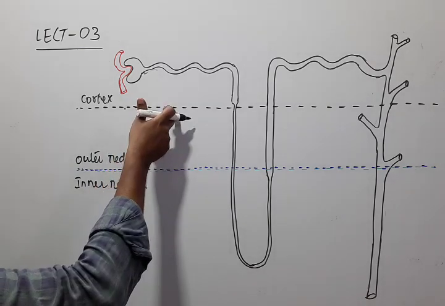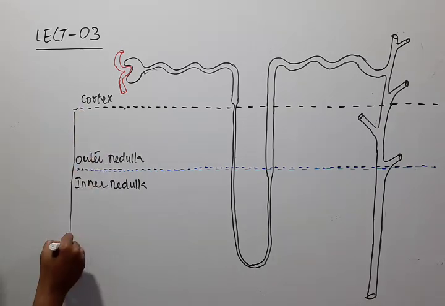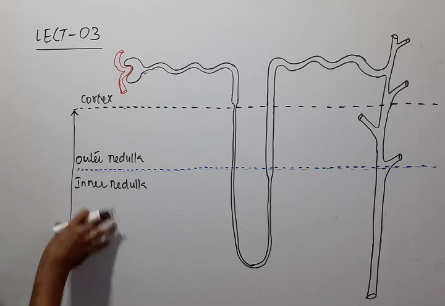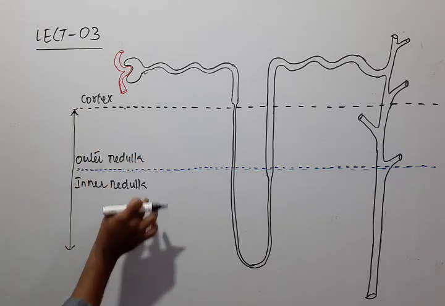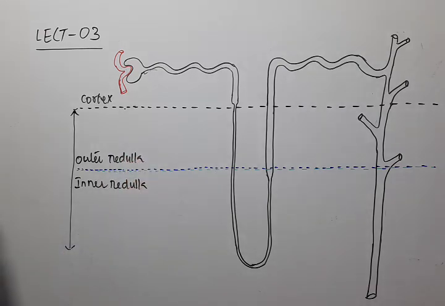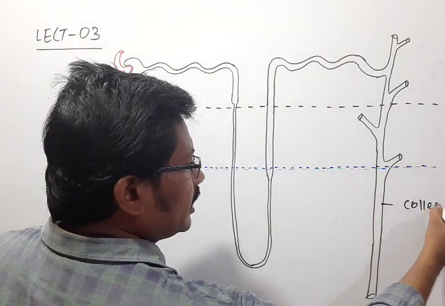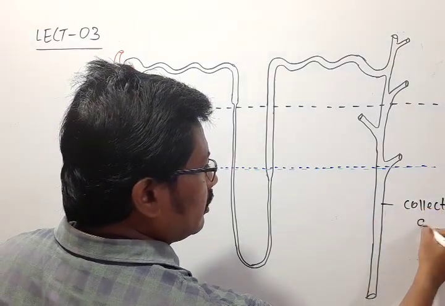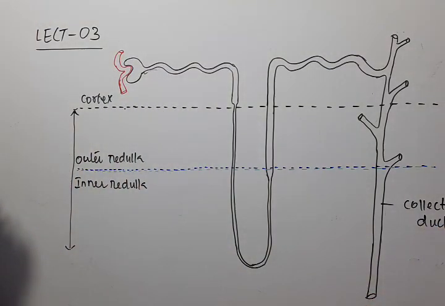Below the cortex is the medullary region, where you can differentiate outer and inner medullary regions, and this is the collecting duct that finally opens at the tip of the renal papillae.